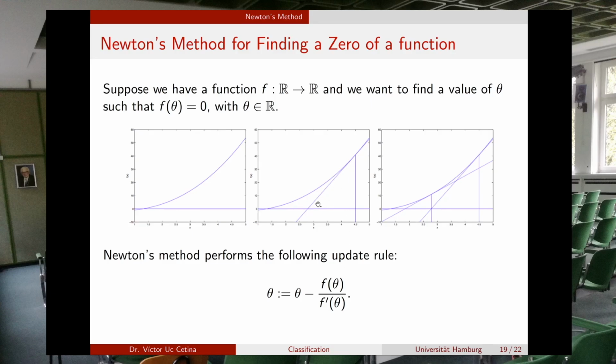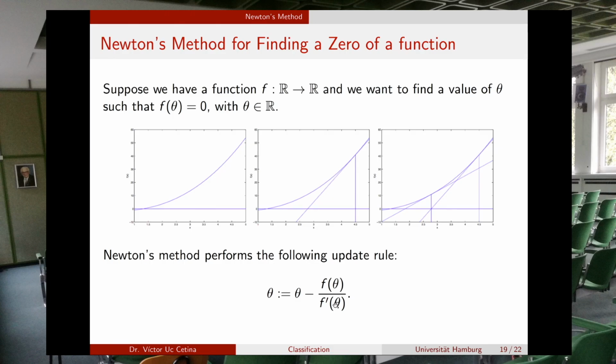So the first derivative equals this side, f, over this side here. We simply solve that equation for this side, and then we will have f over f prime.